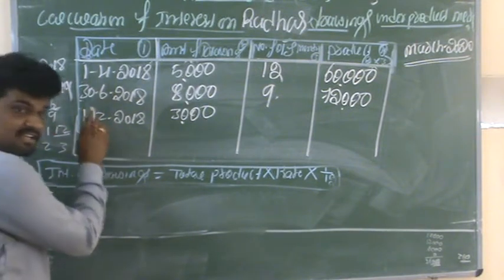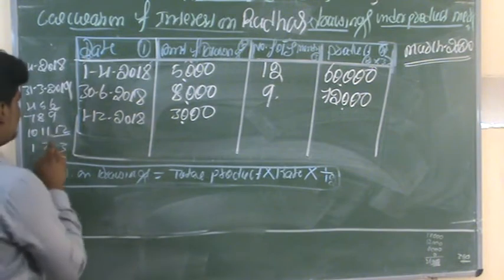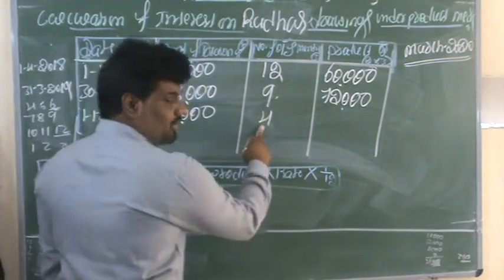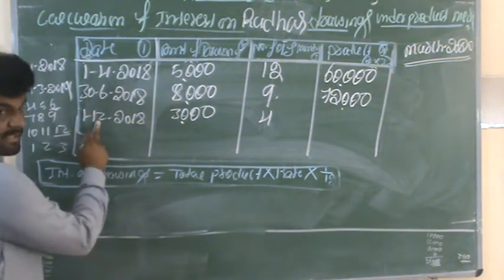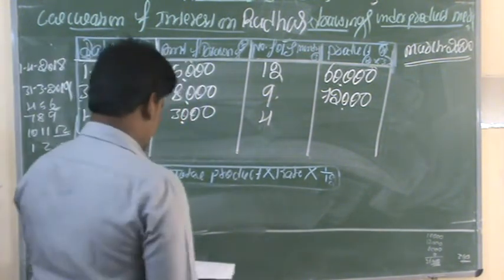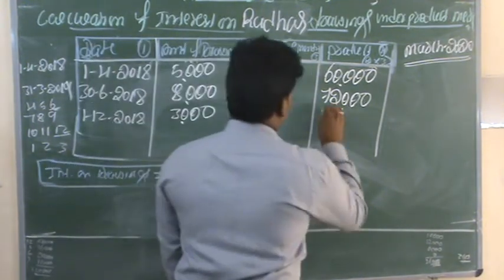We need to charge interest for this month also because it is the beginning of the month: 1, 2, 3, 4. So the outstanding period from December to March is 4 months. Now we multiply 3,000 into 4, which is 12,000.